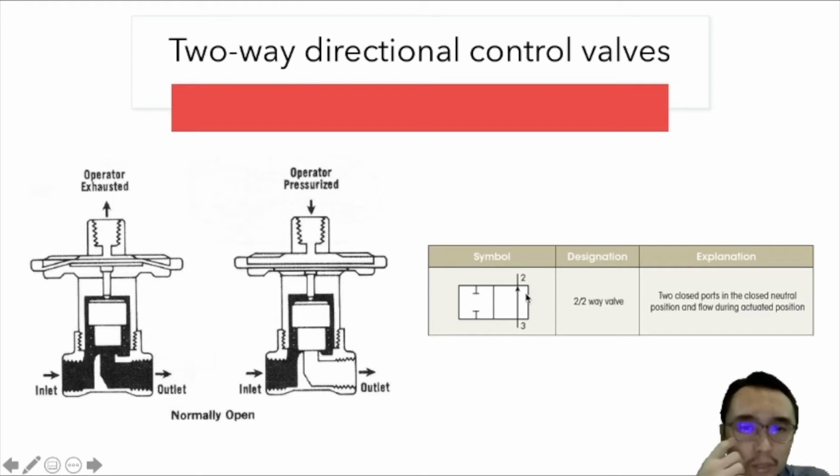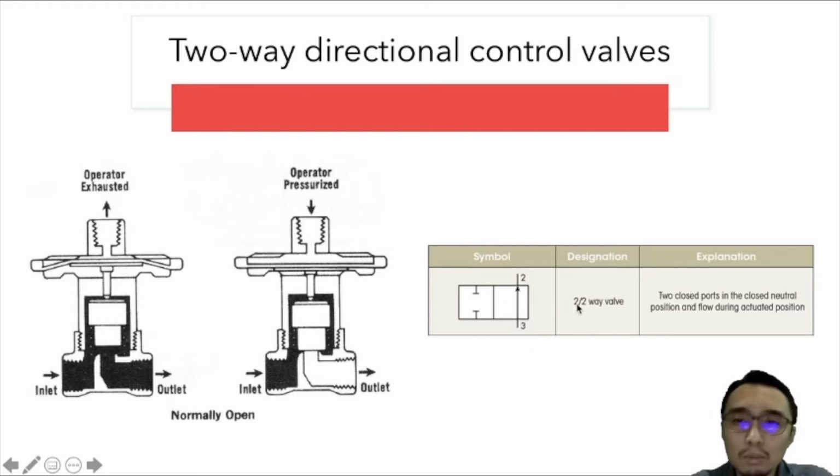So remember, when we look at the definition of way and position, it could be two-way two position, three-way two position. By the definition of way, it means the number of ports. So there's just port one and port two.